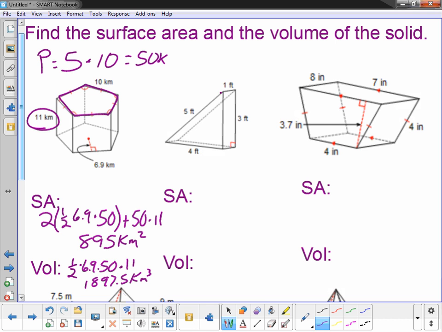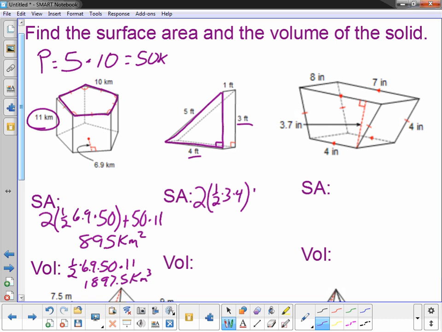My base is this triangle. Notice there's a right angle there. So to find the area of that triangle, I have to take 1/2 the base times the height. Well, the base and the height have to be the 2 perpendicular lengths, so it has to be the 3 and the 4. So my bases, I got 2 of them, it's going to be 1/2 times 3 times 4.